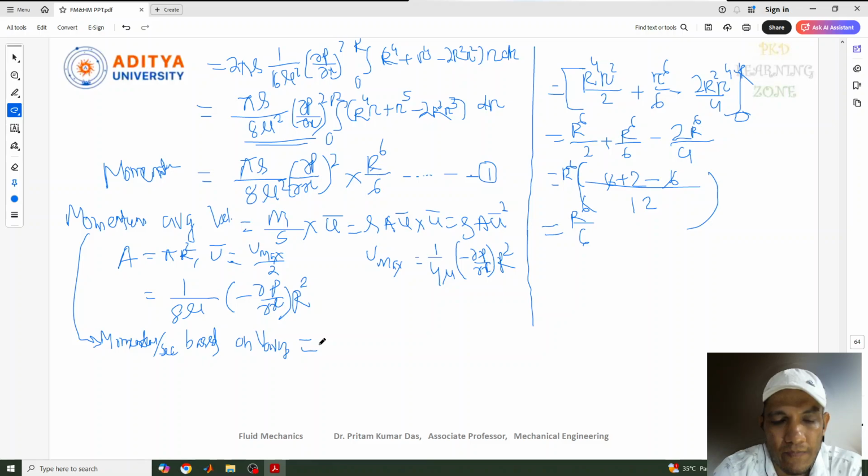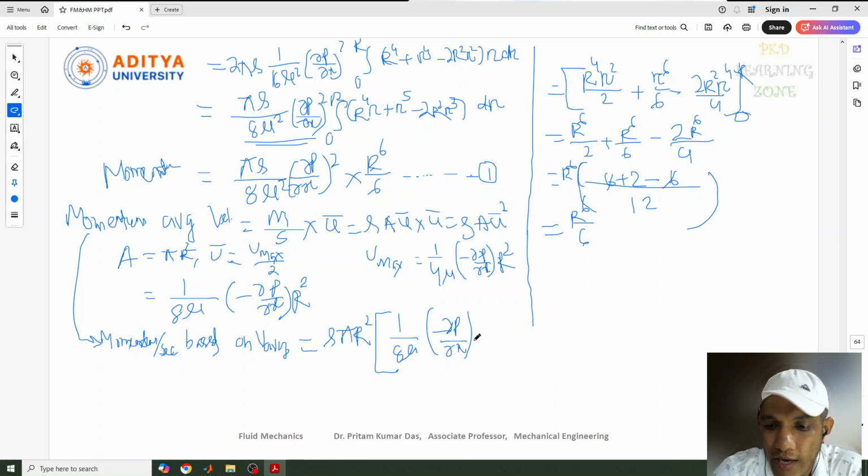I can write again the formula: rho pi r square, a value pi r square, and u bar square is nothing but this whole equation. So let's write 1 by 8 mu bracket start, del p by del x minus this r square, capital R square, and the whole bracket closed. So now this is the momentum per second based on the average velocity.